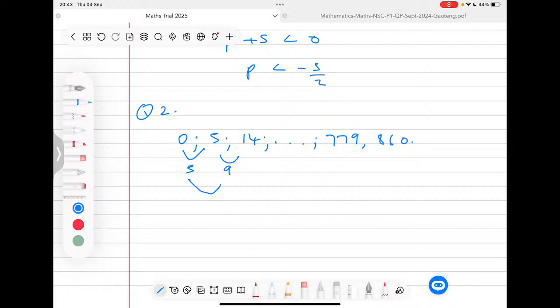If you subtract 5 from 9, you get a 4. This will continue just like that until we get to that point. We know that the second difference of the sequence will be constant. It will be the same, a common second difference in a quadratic sequence.